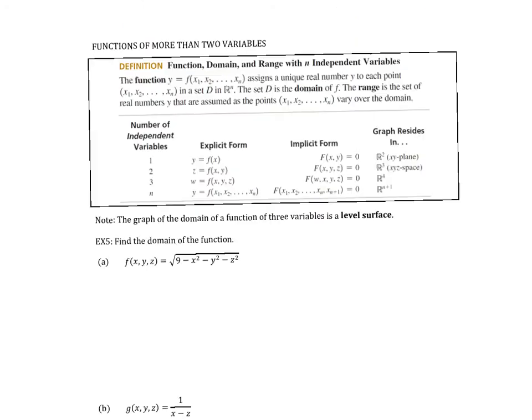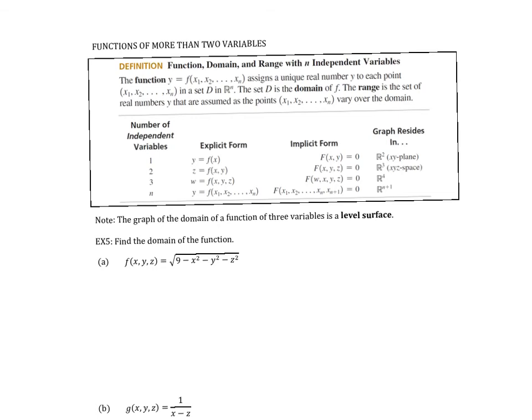All right. So we've talked about functions of 2 variables, functions with 3 variables. Now we're going to look at functions with more than 2 variables. So the process is the same.